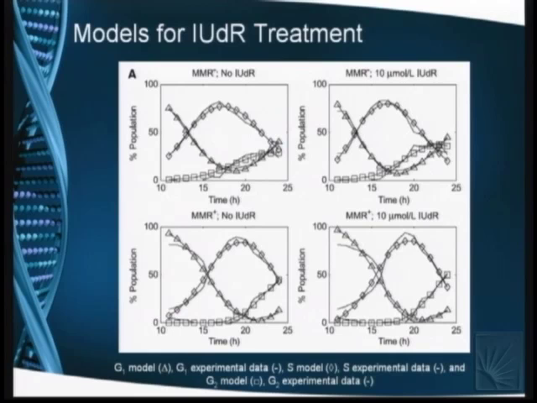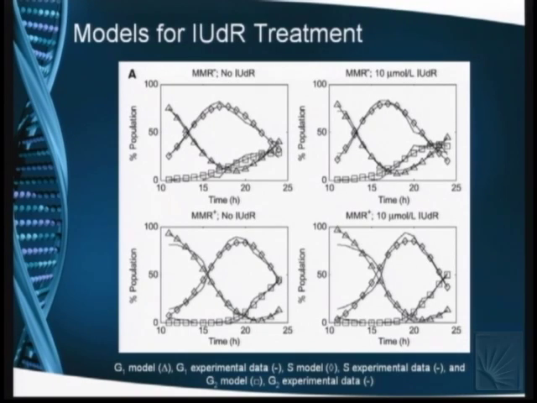These are the modeling results for the first set of data. The data is shown in solid lines. The triangles represent the G1 phase, the diamonds are the S phase, and the squares are the G2 phase.